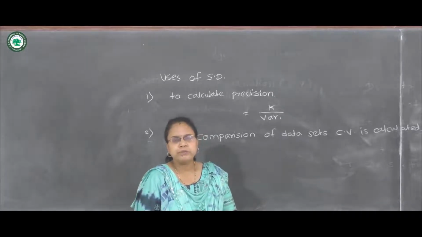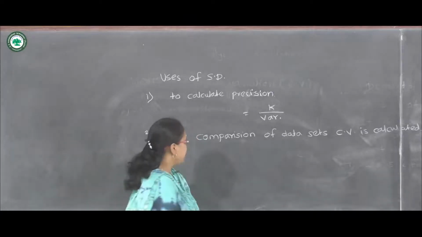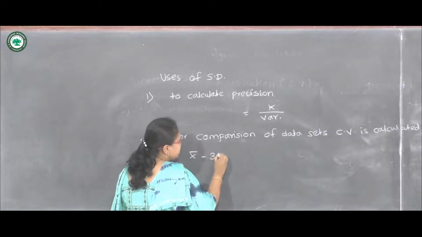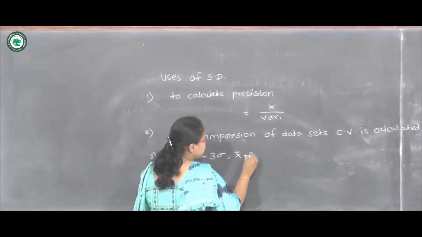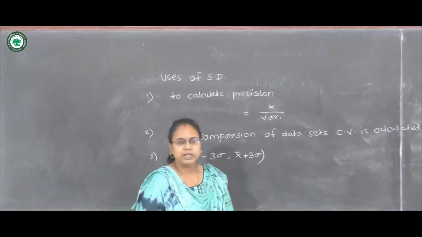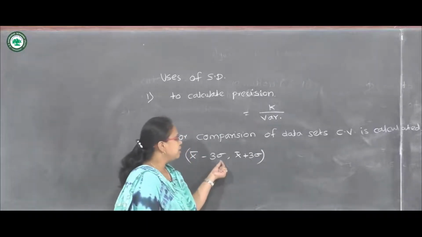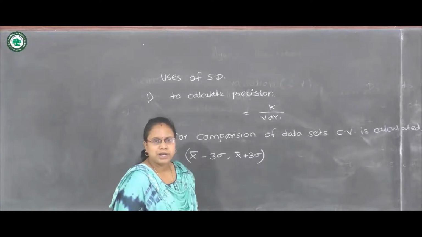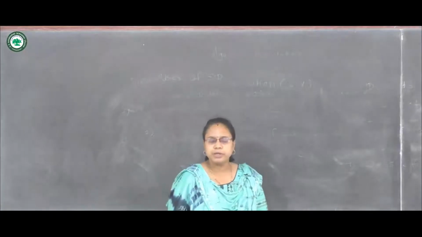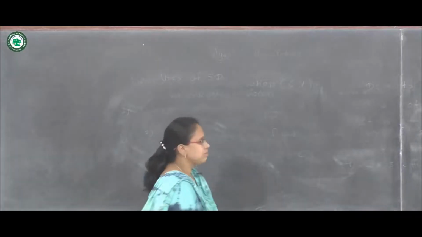Also, the spread of data is calculated by x bar minus 3 sigma to x bar plus 3 sigma. In this way the spread of data is calculated, and the term sigma is required here. So these are the uses of standard deviation. Let us see some properties of standard deviation.